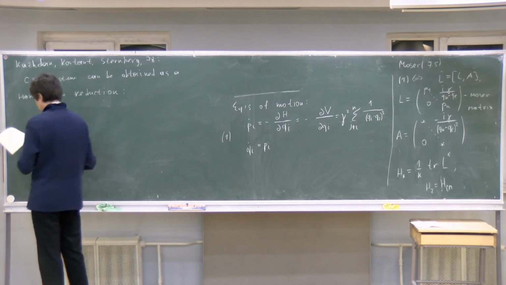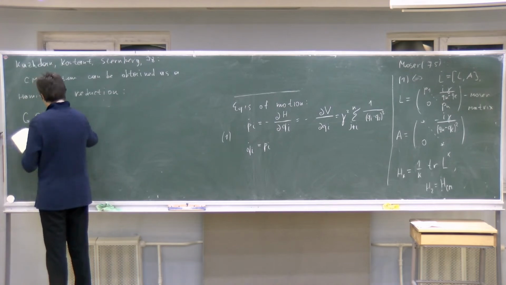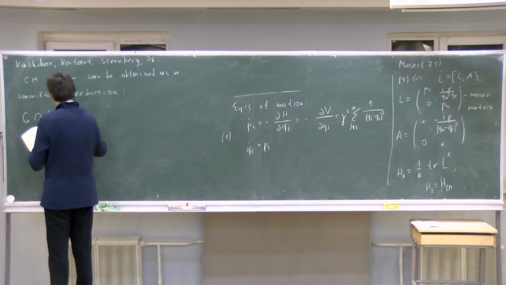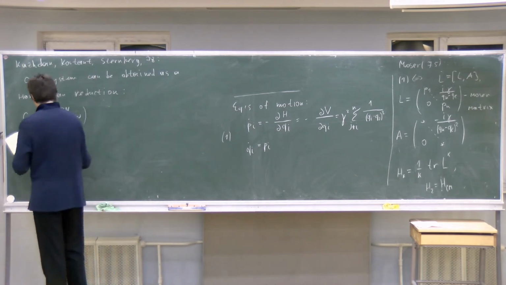If you ask, let me write this down. We have the following picture. We have a group G, let me just explain for everybody, that acts on this symplectic manifold.